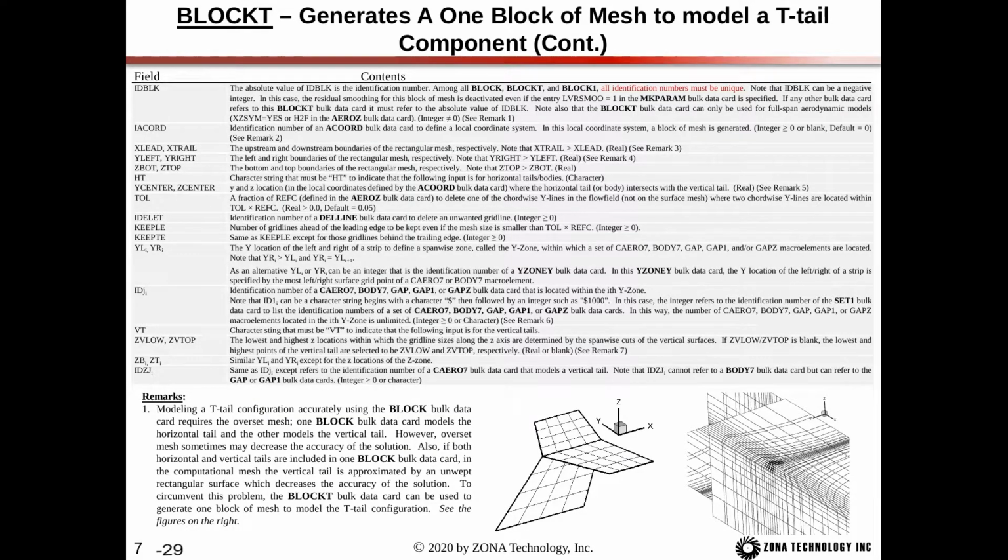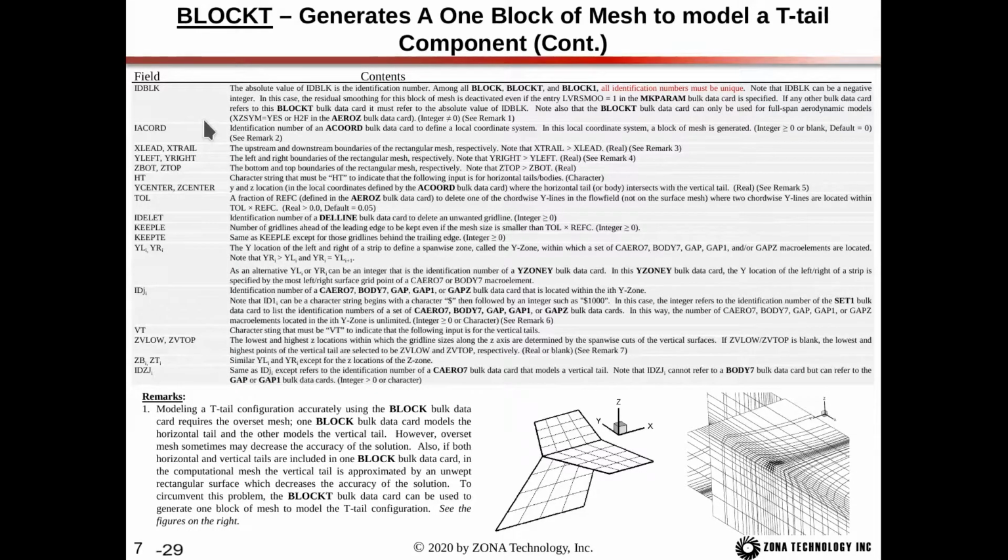Also, if both of the horizontal and vertical tails are included in one block card, then ZEUS will change the vertical tail to be unswept, which is not correct. To circumvent this problem, we have the block T card, which allows you to put both the horizontal tail and vertical tail together into the same block. The block T will shear both the Z lines and the Y lines to get a good resulting mesh.